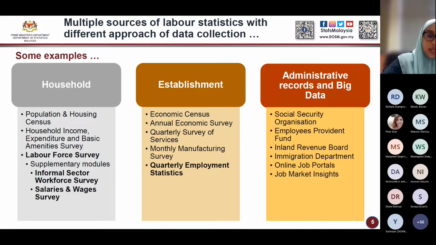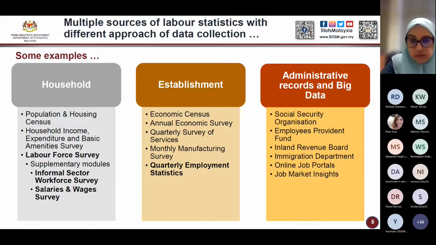The one I highlighted in a thicker black font is actually the most used item in producing labor statistics. However, we do also draw on the population and housing census, and household income, expenditure, and basic amenity surveys. From our labor force survey, we have supplementary modules such as the informal sector workforce survey and salaries and wages survey. In terms of establishment, we rely most on quarterly employment statistics, but we also have the economic census, annual economic survey, quarterly survey of services, and monthly manufacturing survey.